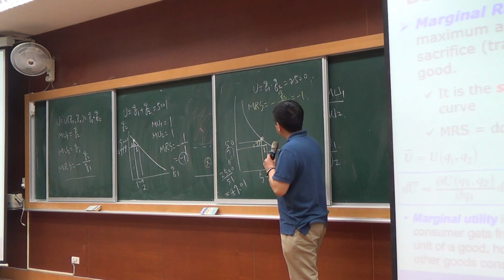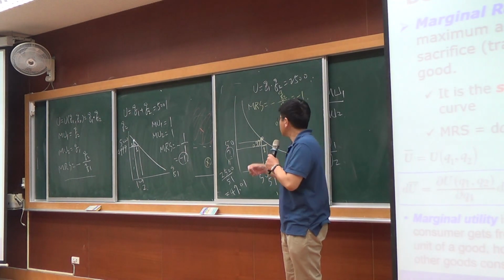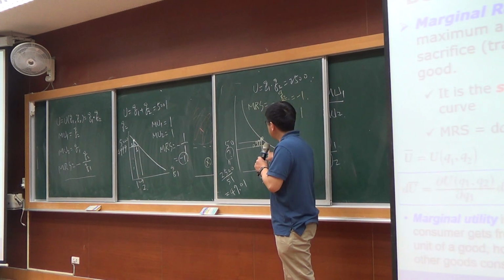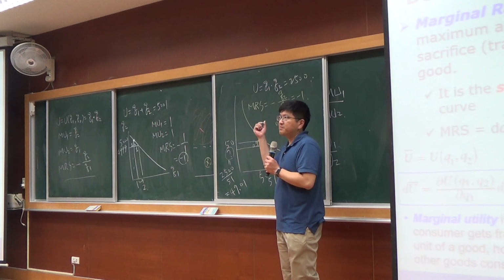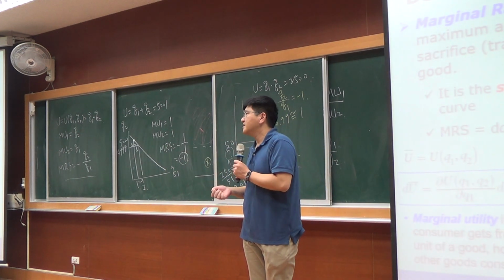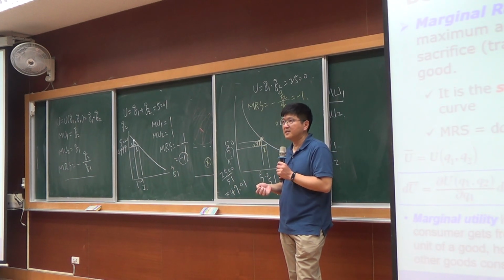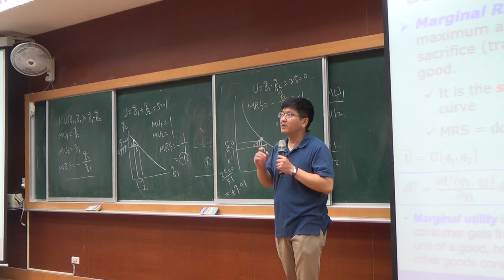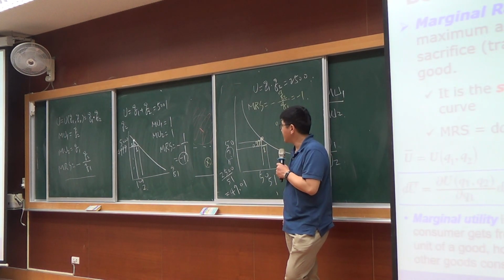And the reason why I say an extra unit increase of pizza or Q1 is for the convenience of interpretation, to make you understand more easily. Okay?